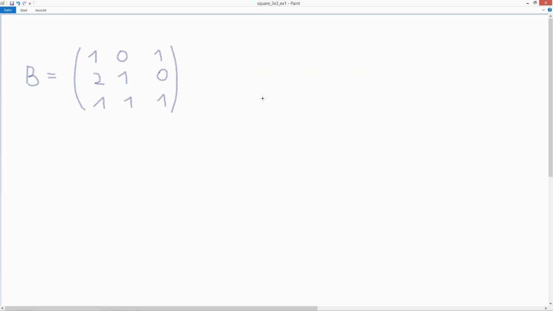Okay, here is the example. We want to square the matrix B. First thing we have to do is to arrange the matrix B in that way.